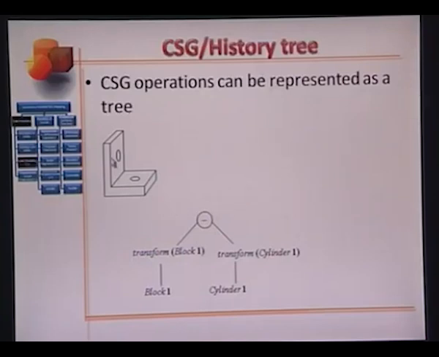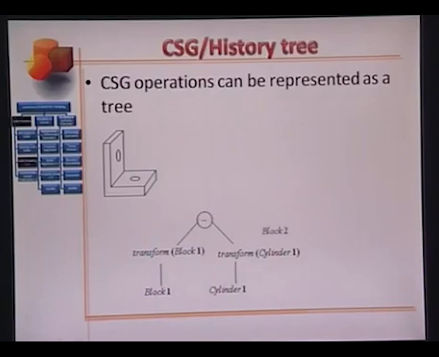So if you imagine that this is block 1 and this is cylinder 1, what we have done here is we have first made a copy of block 1 available in the workspace, transformed it appropriately, and then we have introduced a copy of cylinder 1 in the workspace, transformed it appropriately, and then we have subtracted the cylindrical feature from this block. We can do something very similar for the second block and second cylinder.